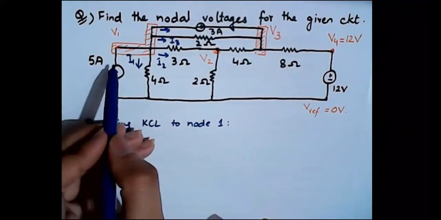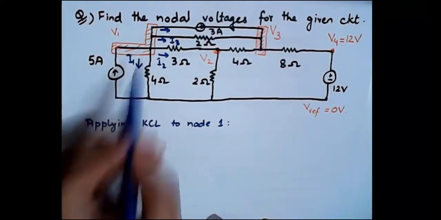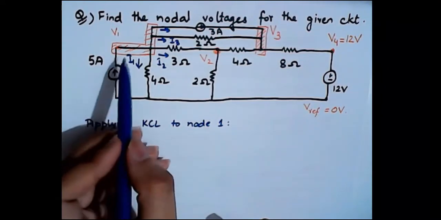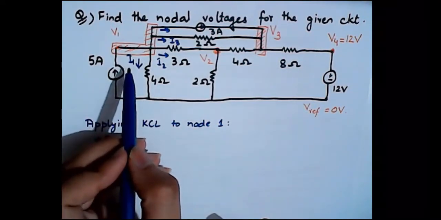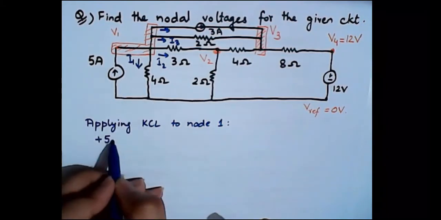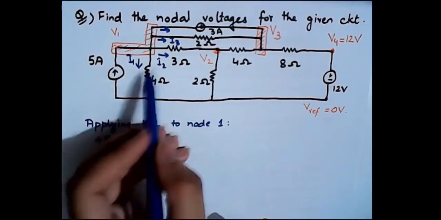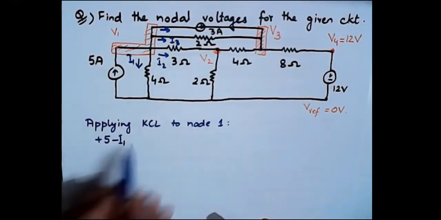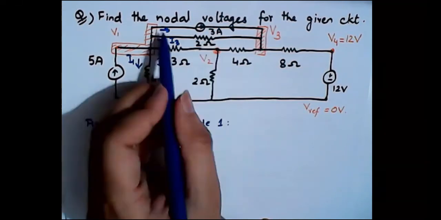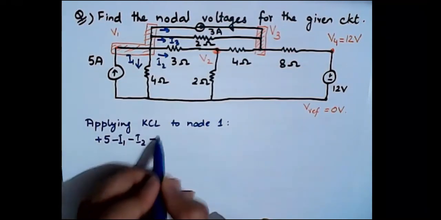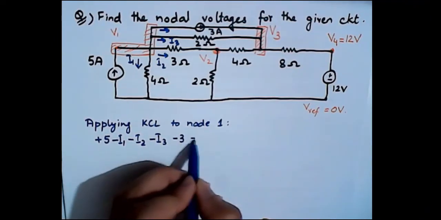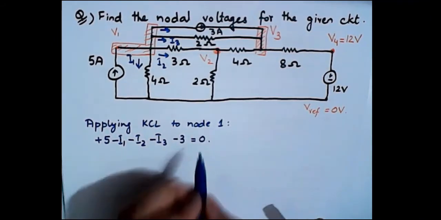So we can see that 5 ampere current is entering the node, which means plus 5, right? Similarly, I1 is leaving the node, which means minus I1, right? I2 is also leaving, minus I2, I3 is also leaving, minus I3, and 3 ampere is also leaving, minus 3 is equal to 0, right?